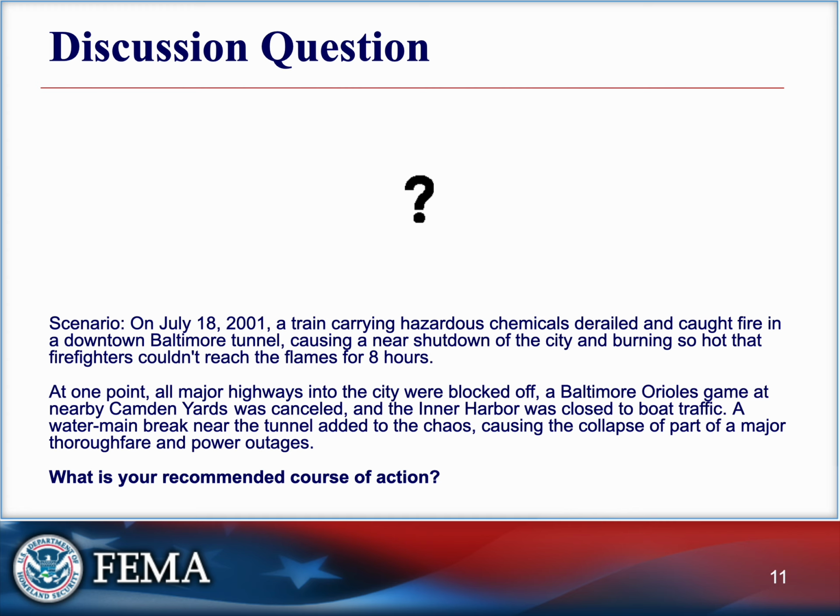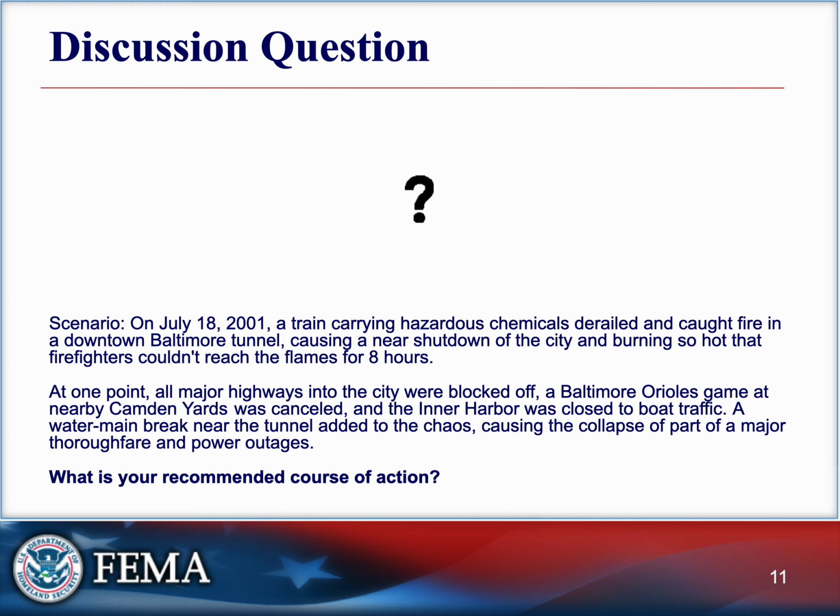At one point, all major highways into the city were blocked off, and a Baltimore Orioles game at nearby Camden Yards was canceled, and the inner harbor was closed to boat traffic. It was a major incident. A water main break near the tunnel added to the chaos, causing collapse of part of a major thoroughfare and power outages throughout the city.